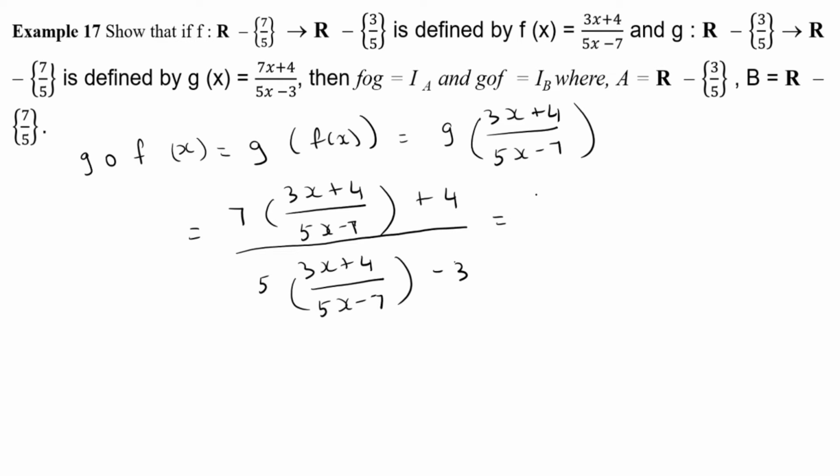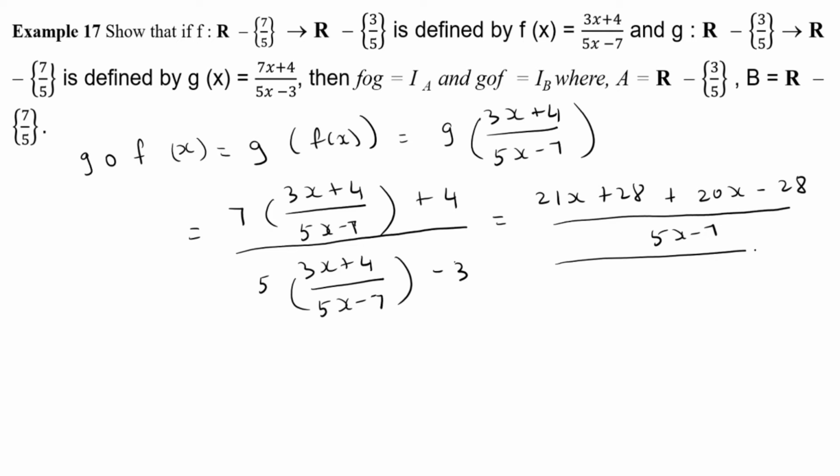So this is equal to 21x plus 28 plus 20x minus 28, taking LCM, divided by 5x minus 7, the whole divided by 15x plus 20 minus 15x plus 21 divided by 5x minus 7.